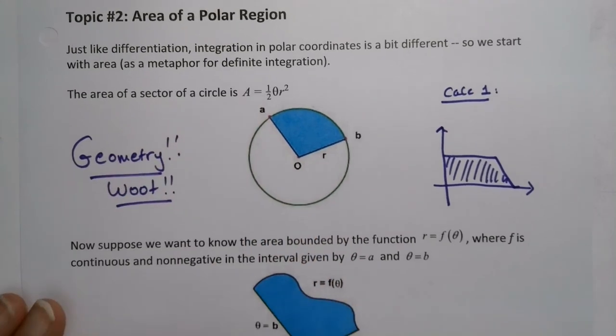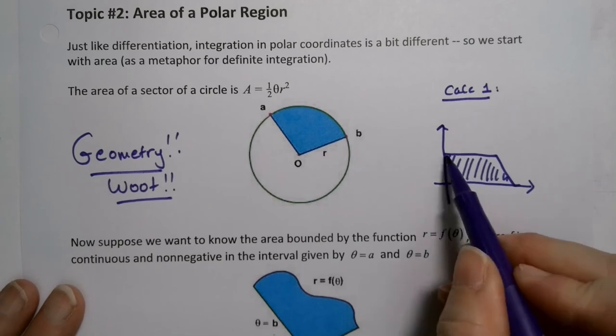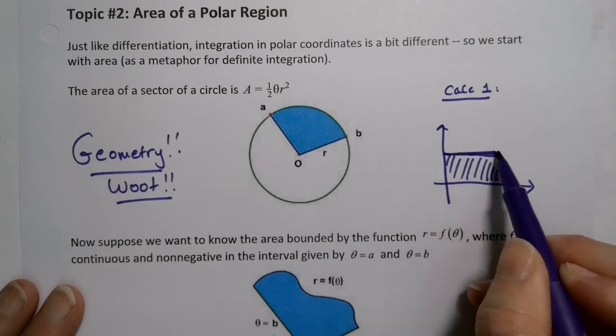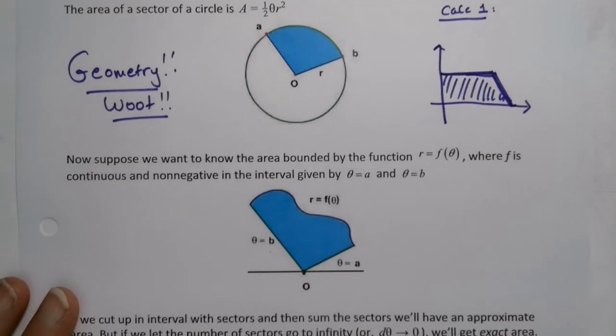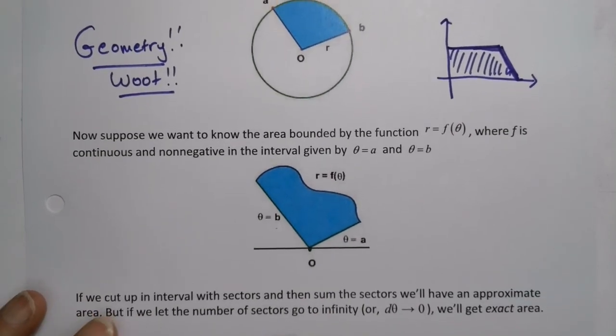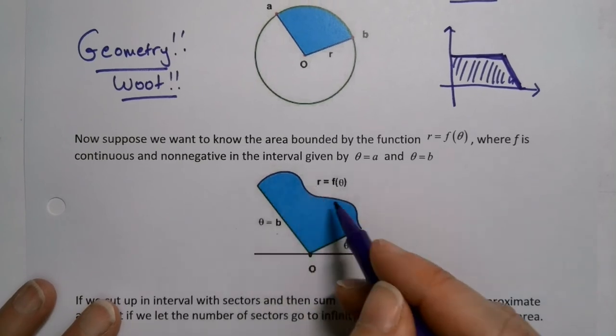If you remember back to your Calc 1, that's where integration always begins. Let's think about the area under a weird curve that we could figure out with geometry using rectangles and triangles. And then we go from there to what if it's not something we can figure out with geometry? What if it's a weird curve?